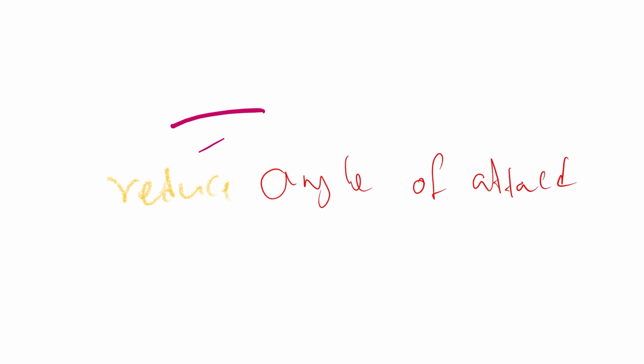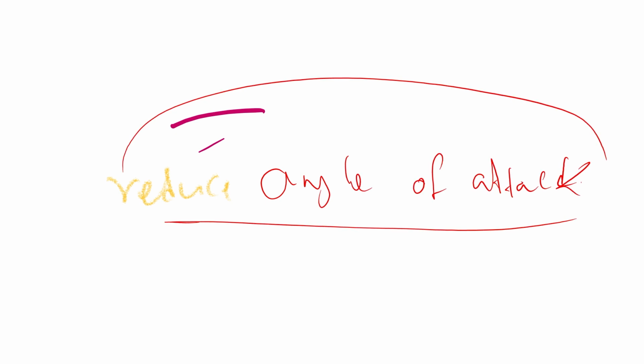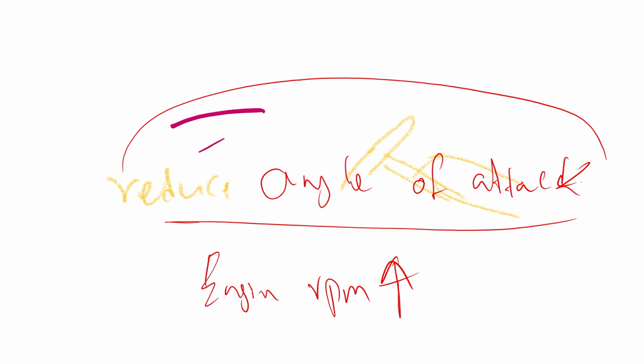If your aircraft starts to stall, we have to increase the speed, increase the engine speed or the RPM. Engine RPM should be increased, and we need to reduce the angle. We should not be at an angle like this for the aircraft. So we have to reduce the angle and gain some speed, right? We should be trying to reduce that and gain more speed. So those are really important.